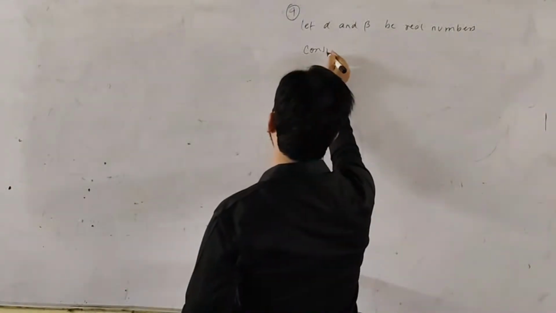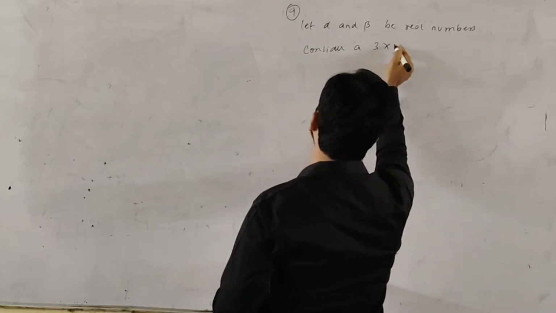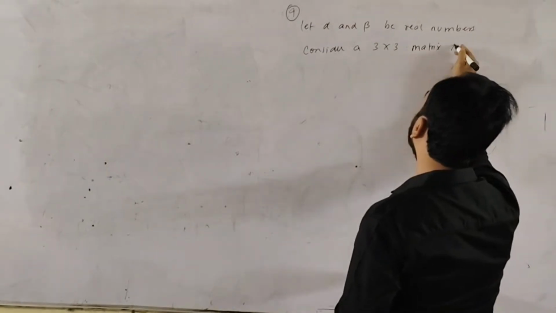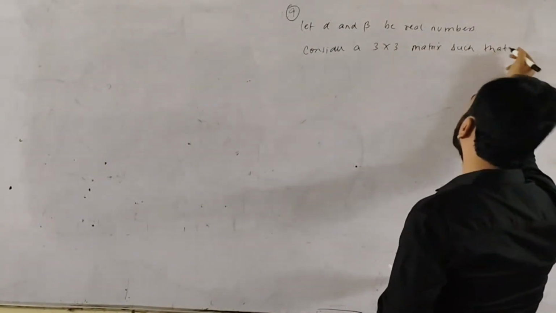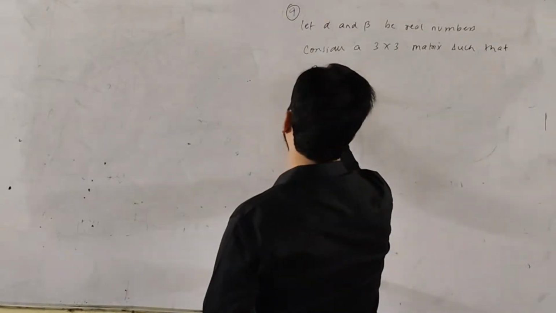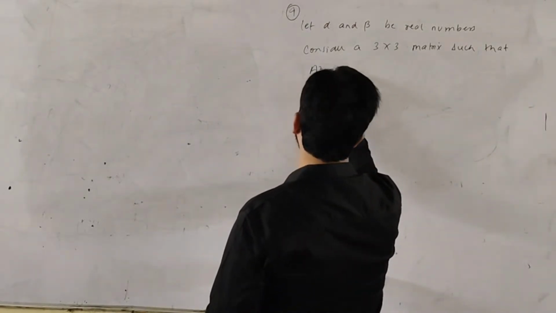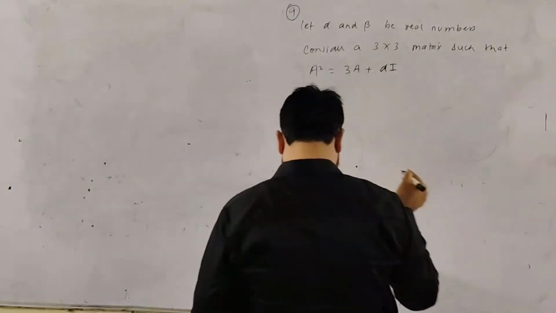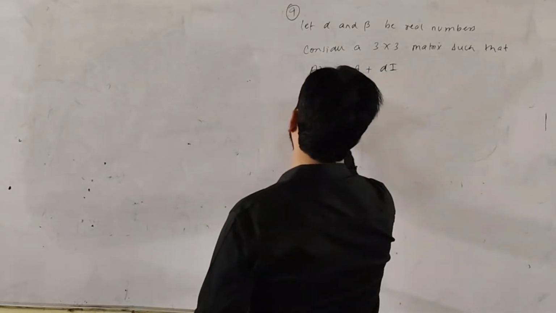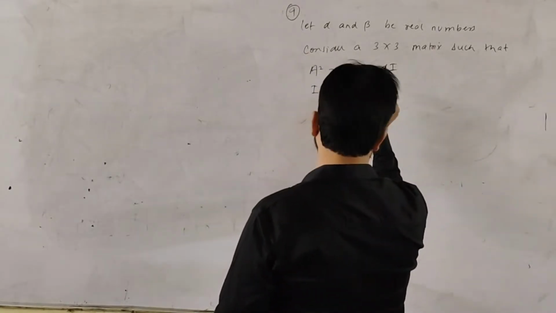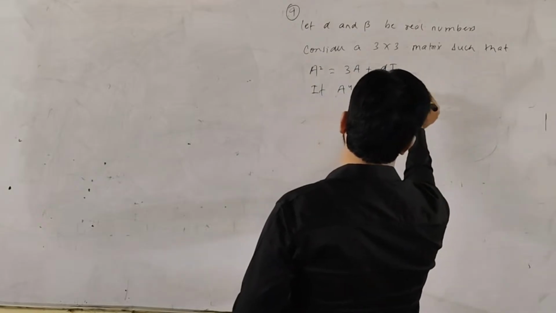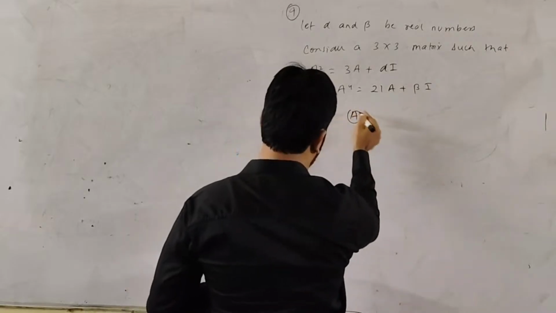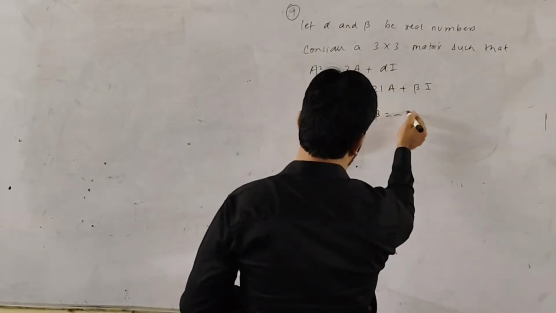Consider a 3 cross 3 matrix A such that A square is equal to 3A plus alpha I. If A to the power 4 is equal to 21A plus beta I, then option number A is beta is equal to minus 8.